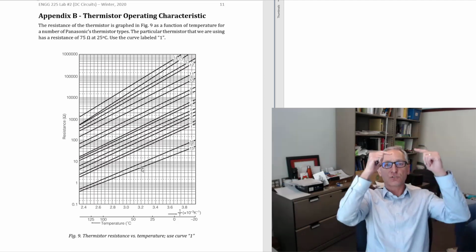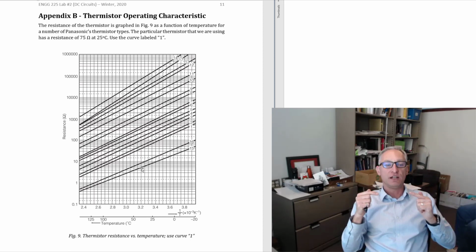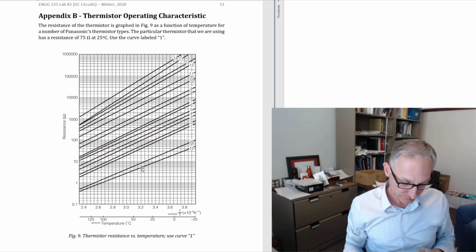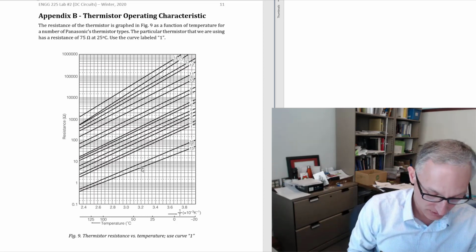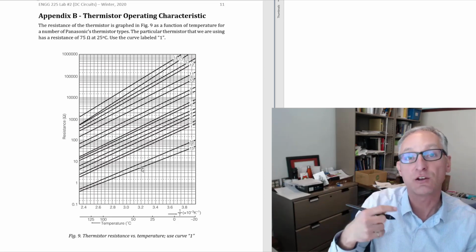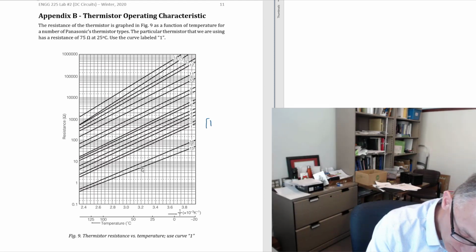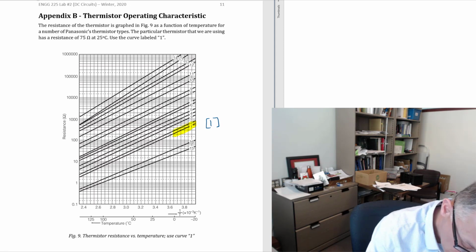This graph shows many different lines sloping up towards the right. Those are for different thermistors, and our thermistor is 1. That is this line right here. So that's the line that we're going to use, the 1 line, not 2, but 1.